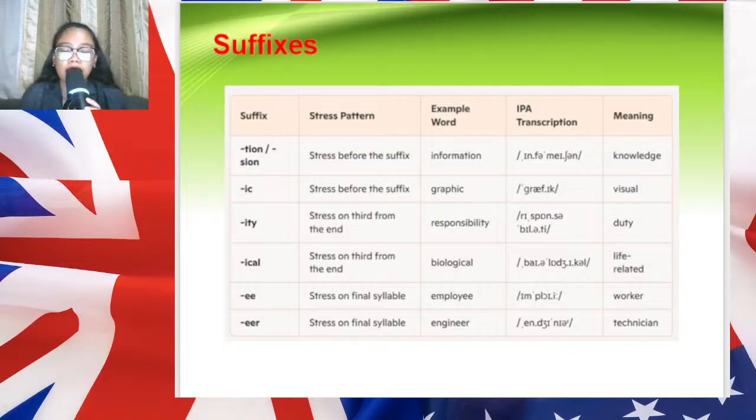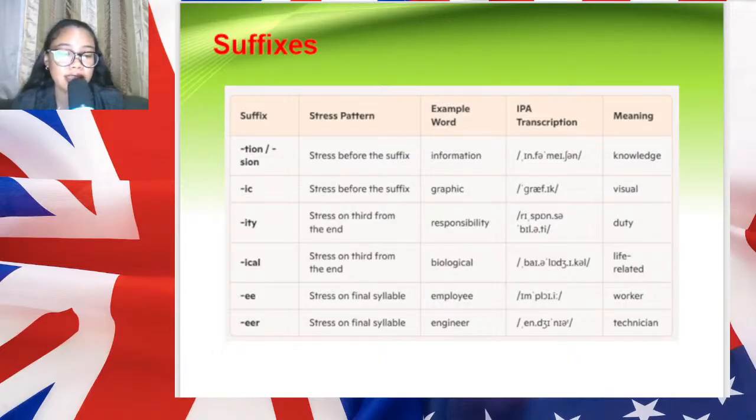All right, maybe just a quick reminder with tion or sion. They are all long usually. The ones I've mentioned, information, education, invitation, decision, are usually long.